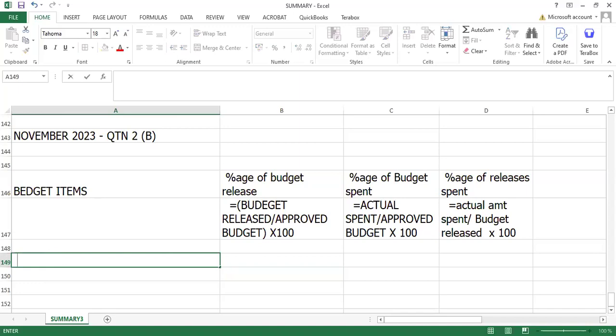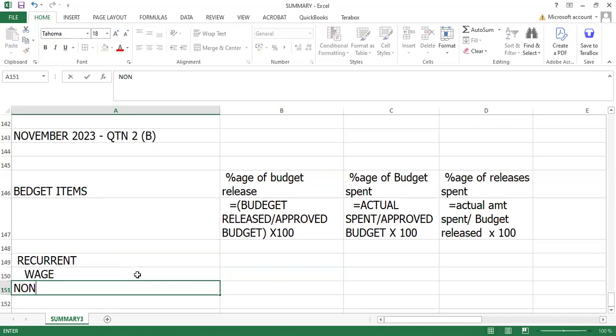The first one is what? You have the recurrent. So recurrent. This is recurrent. So if it is recurrent, I have wage and non-wage.